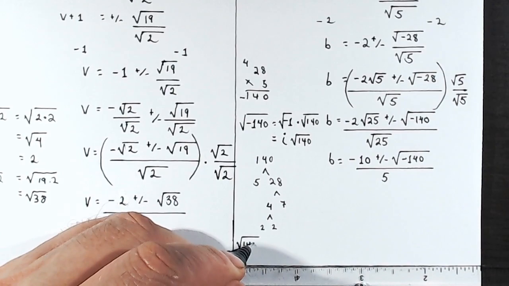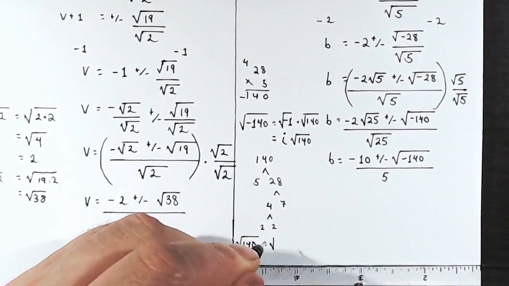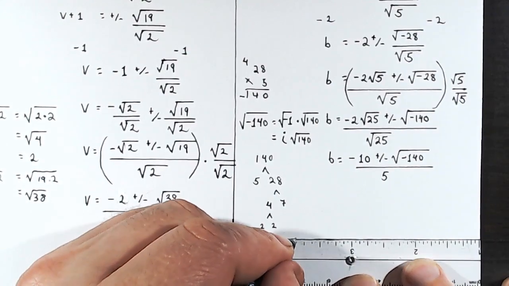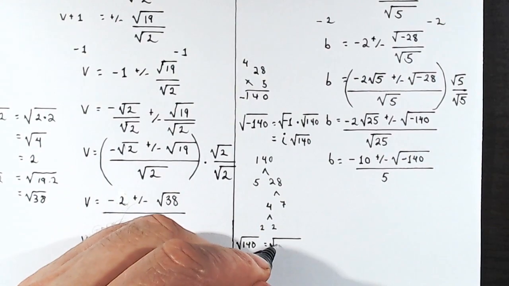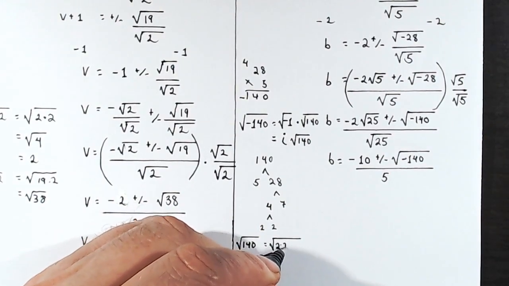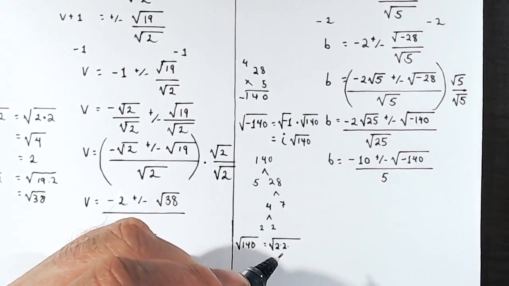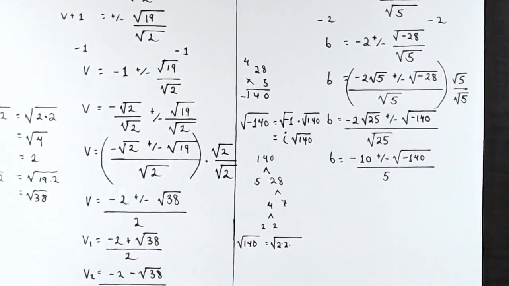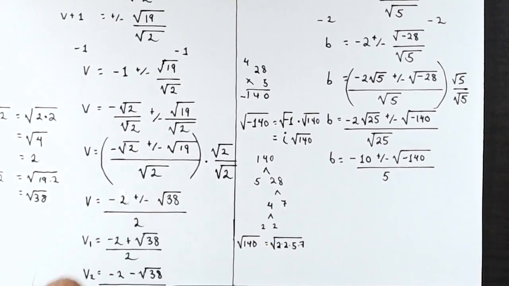The square root of 140 is equal to the square root of the product of all the prime factors. So that's 2 times 2 times 5 times 7.